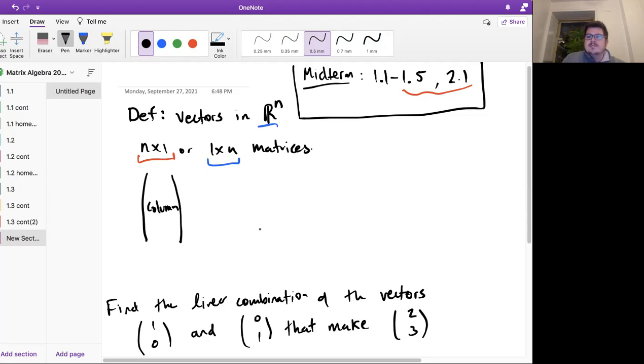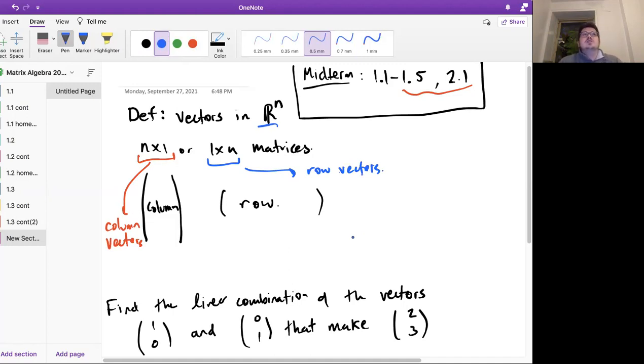And what does 1 by n look like? So yeah, a row. In particular, n by 1 columns are usually called column vectors, and 1 by n are usually called row vectors.